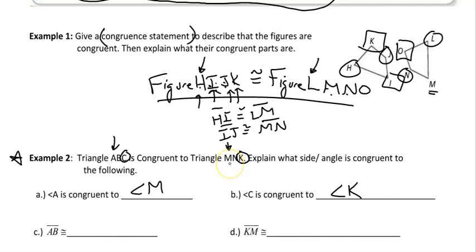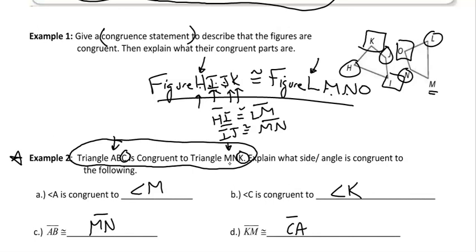It is going to be congruent to the first two in the other one, MN. KM, KM is last and first, so it is going to be congruent to last and first, CA. So that's why it's important to write out your congruent statement in the correct order, because now you know a lot about the parts just by reading this.